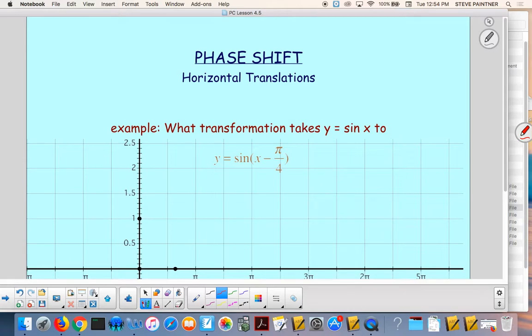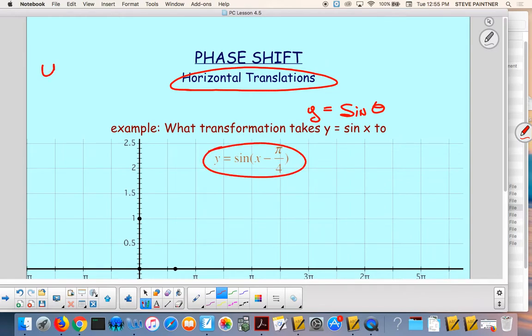All right, next up, phase shift. Phase shifts just basically mean horizontally move your parent around. Okay? Example: what transformation takes y equals sine of theta to this? I'm going to write it again because you can't see it very well.